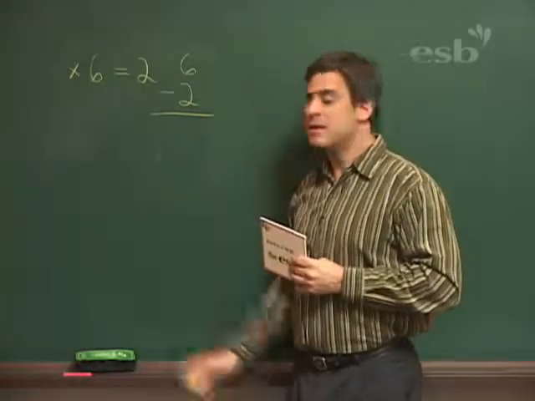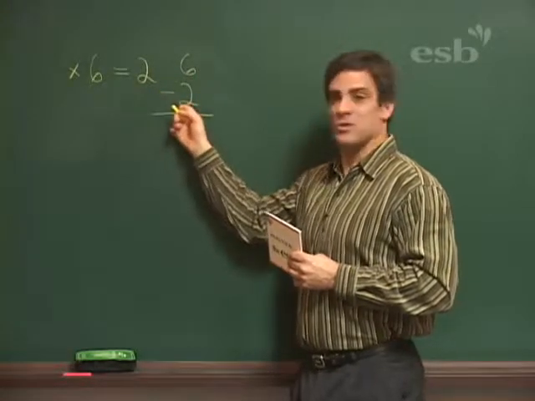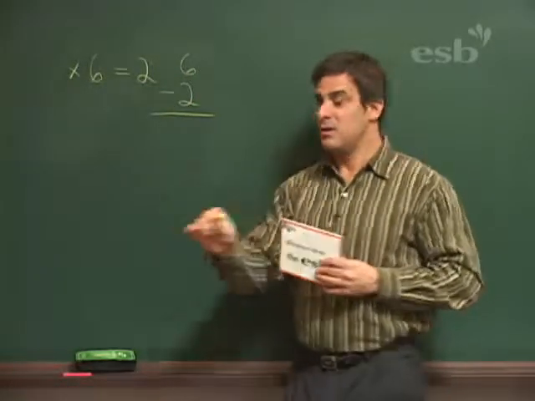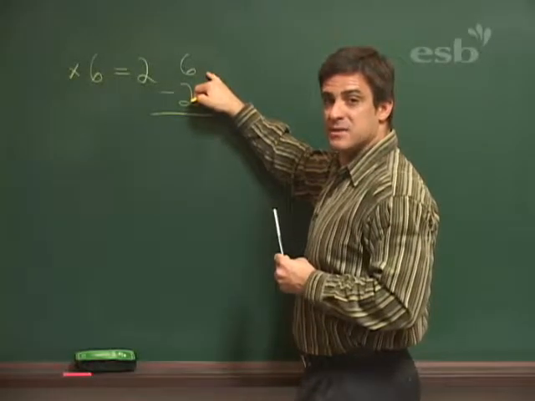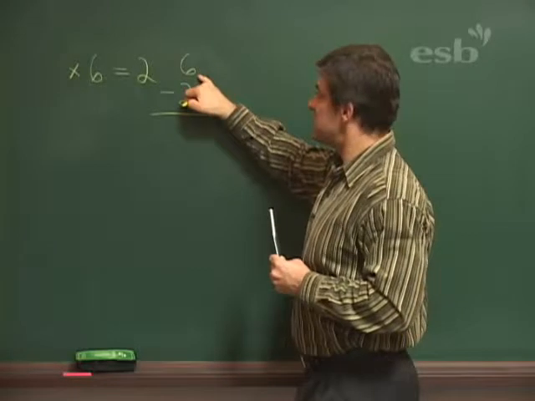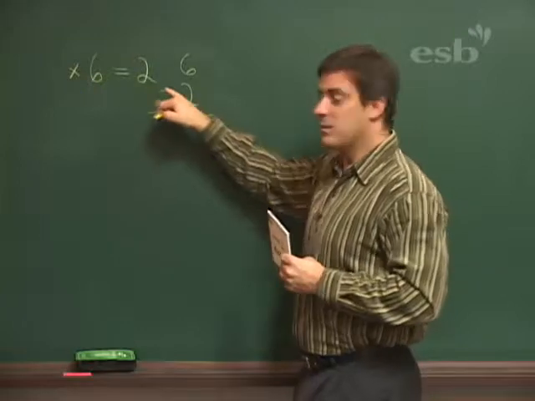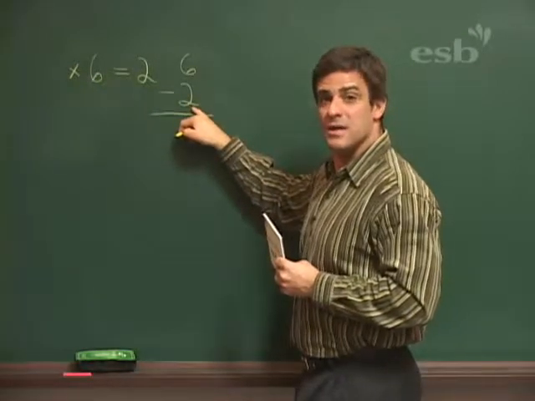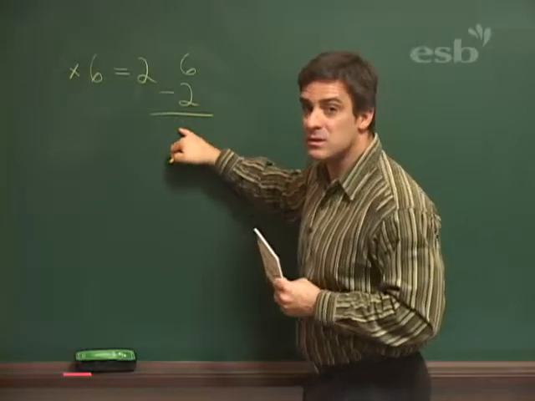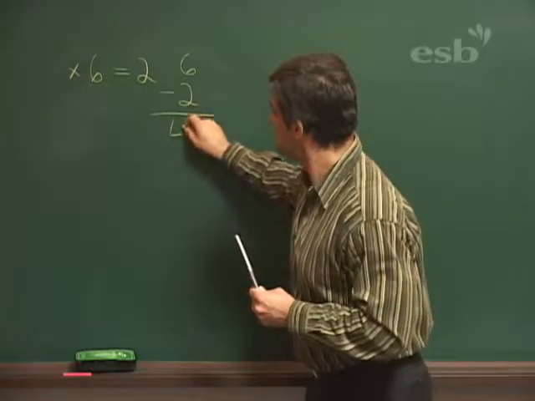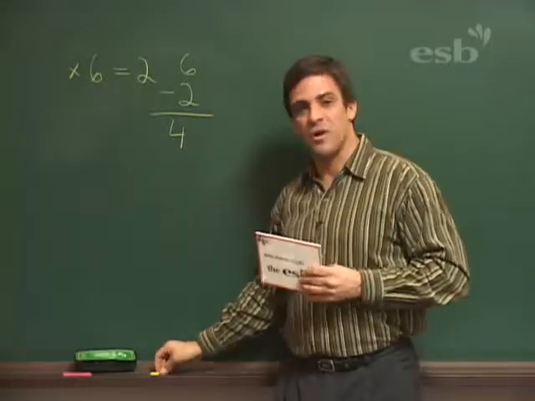Here we go. Subtraction. 6 minus 2. Notice we put the bigger number on top. 6 is bigger. 6 goes on top. 2 is smaller. 2 goes underneath. 6 minus 2 equals... Very good. 6 minus 2 equals 4.